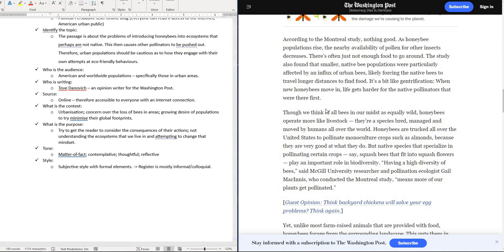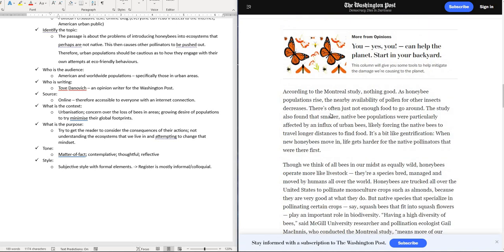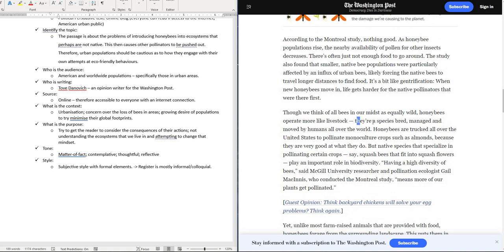And then style. So style here is a little bit more tricky. We have our similes. Similes indicate that it's going to be informal, that the style is going to be subjective, therefore the register is going to be informal. We have our contractions, but they are rare and few between.